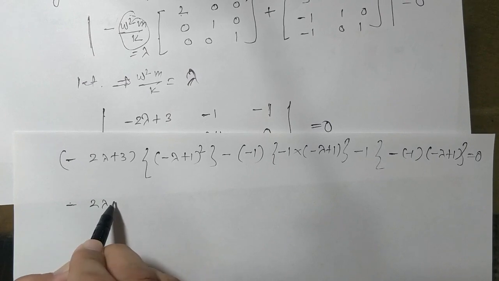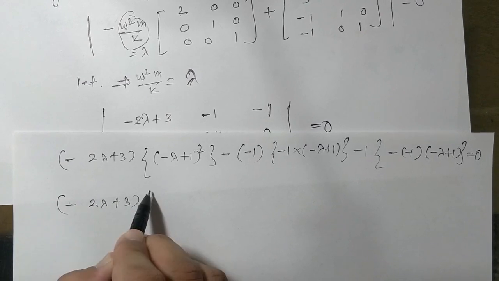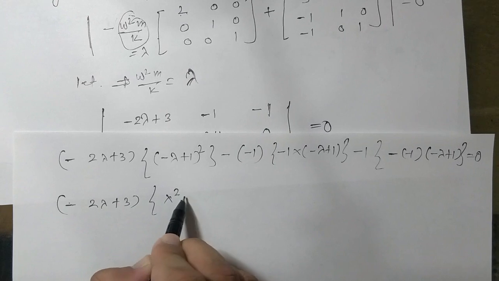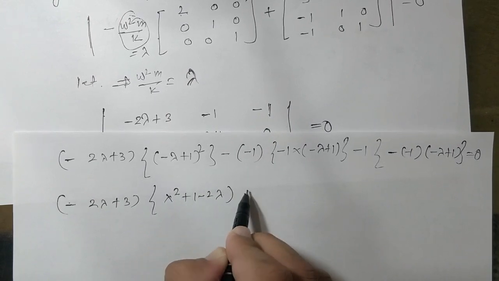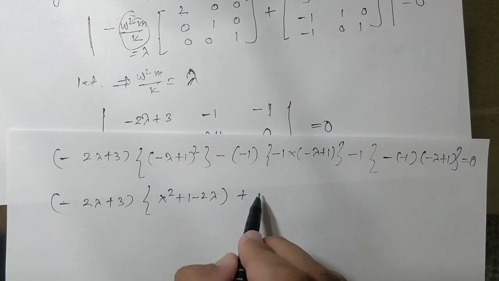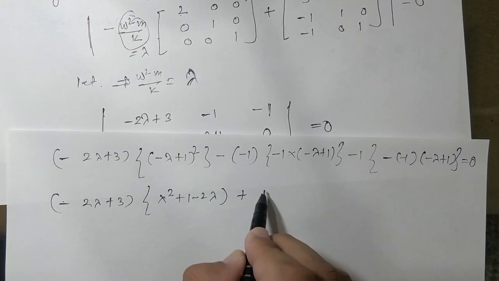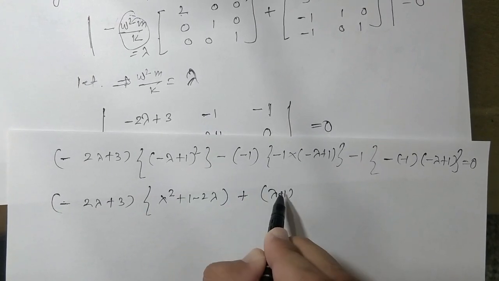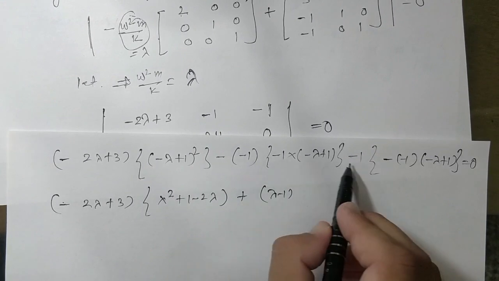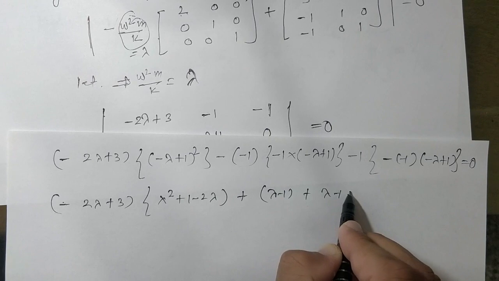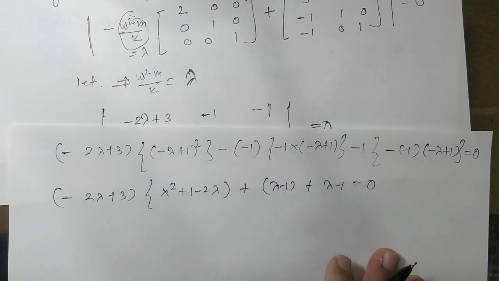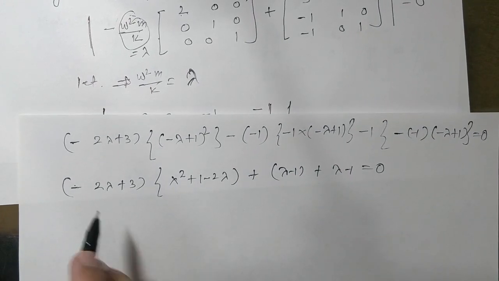If we solve this, we'll get minus 2 lambda plus 3 times lambda square plus 1 minus 2 lambda, plus lambda minus 1, and again lambda minus 1, equals 0.